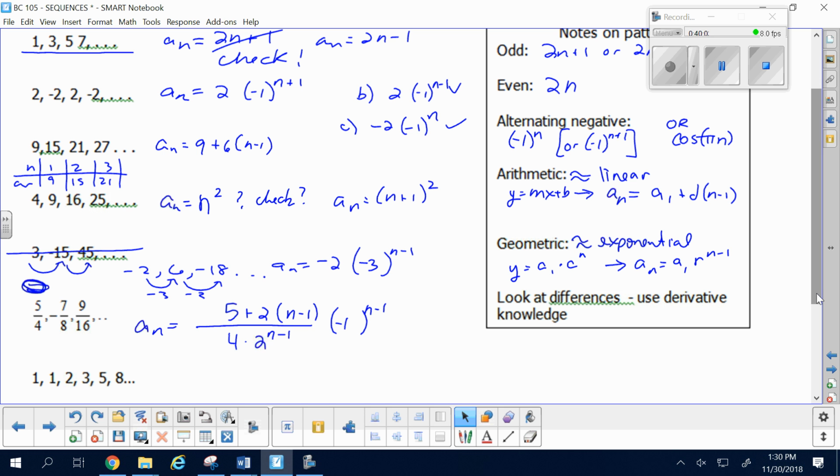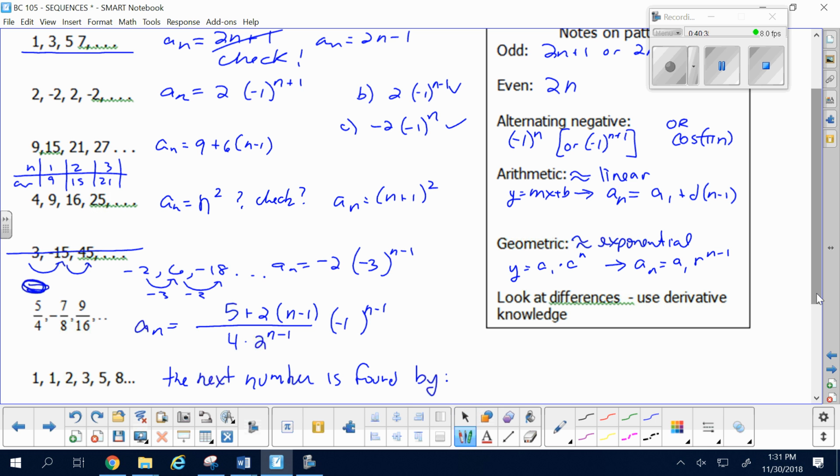There is a pattern for those numbers. Got it?